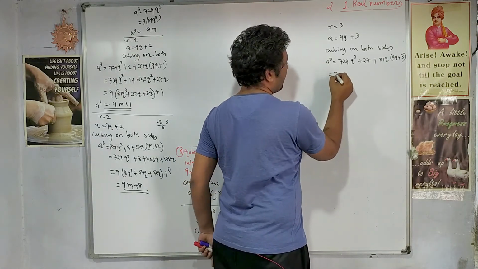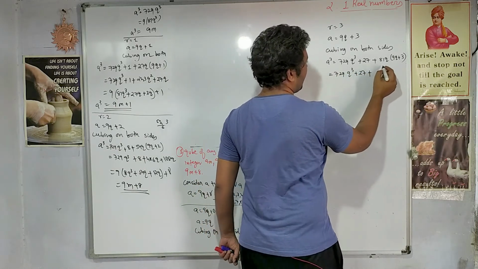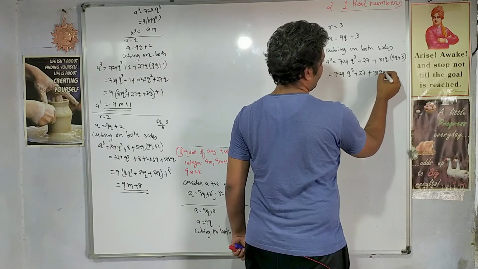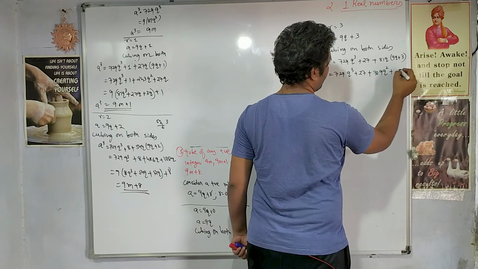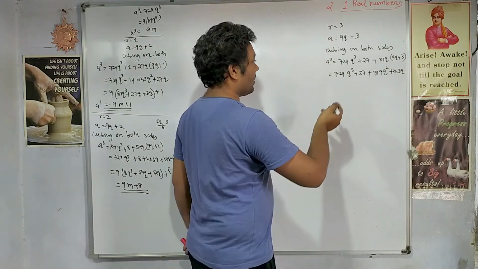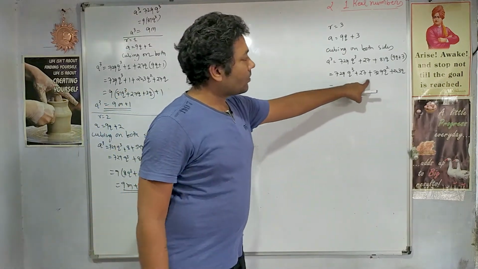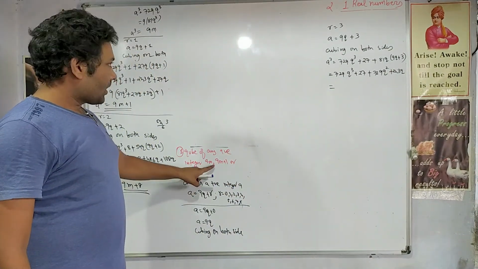So simplifying further, 27, 81 nines are 729 q square plus 243 q, correct? Now here again if I write this down, I should rearrange to obtain one of these forms.